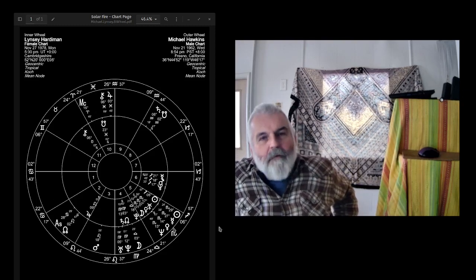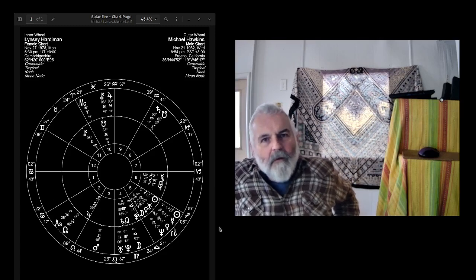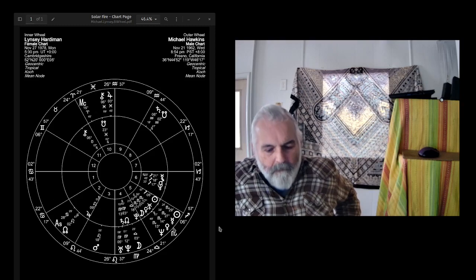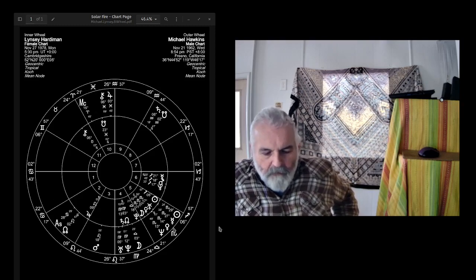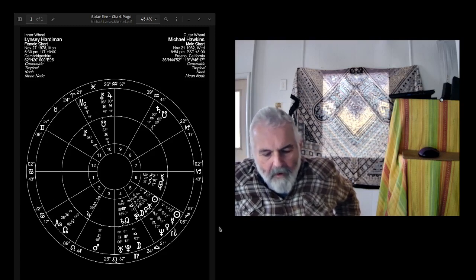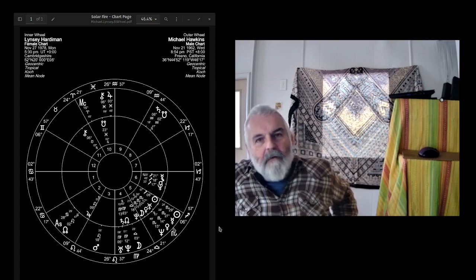I use a 15-degree orb for the luminaries anyway, but it's within 7. So they're 6 degrees apart. Also, my Mercury is 8 degrees, so within that 15-degree orb.